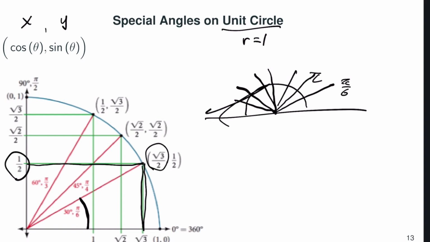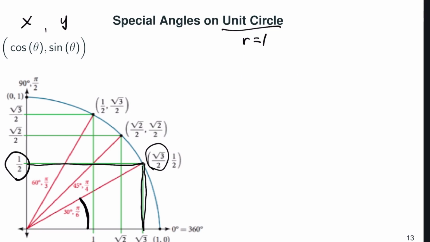So why does that relate to us in terms of trig functions? Well, this helps us evaluate some of the sine and cosine values very conveniently. So reading from here, we know that sine of this pi over 6 angle, or excuse me, that's the cosine value. Cosine, because cosine is the x value, cosine of this pi over 6 angle is this distance.